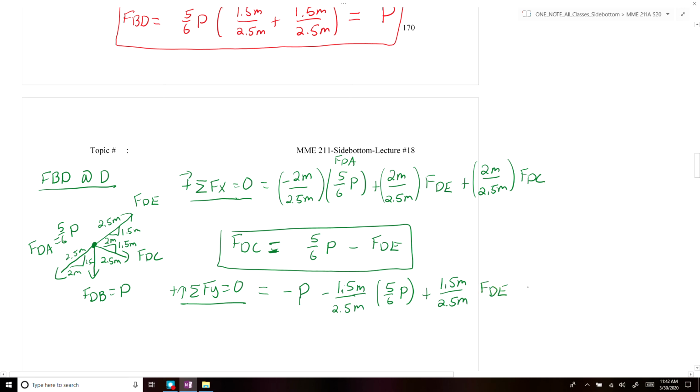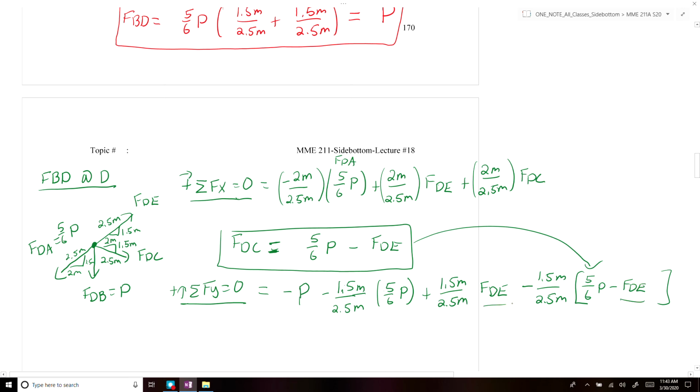And for the y component of FDC, we get minus 1.5 meters over 2.5 meters times FDC. For FDC, we're going to plug in this relationship here where we had 5/6 P minus FDE, and we should then be able to solve for FDE.